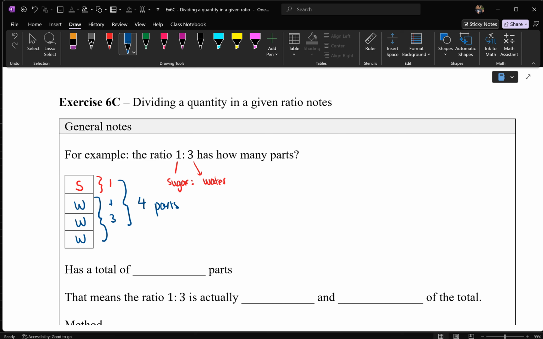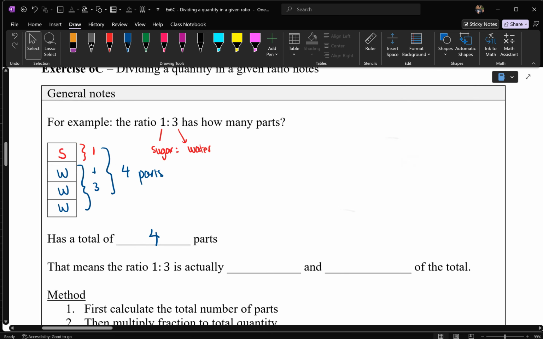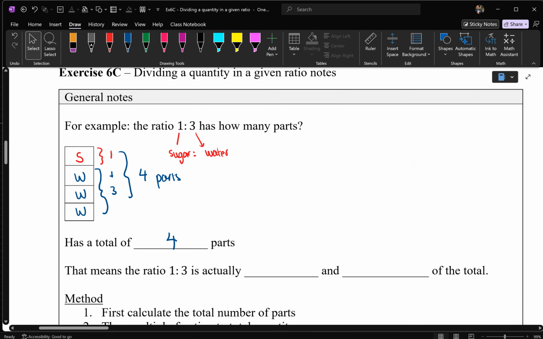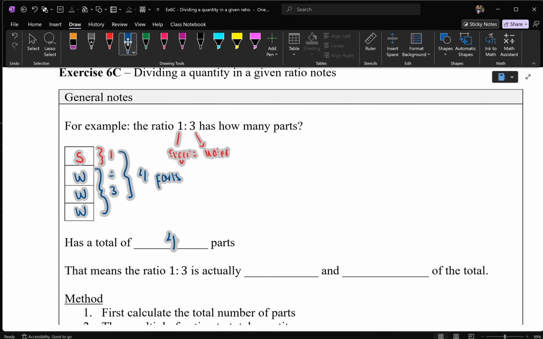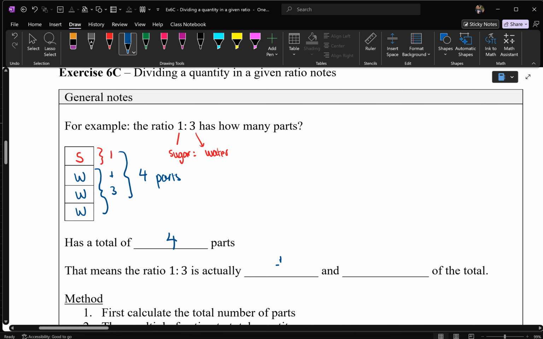So when they ask how many parts are there, we're simply adding them together. 1 plus the 3 gives me 4 parts. Now that means the ratio 1 to 3 is actually saying that out of 4 components, 1 out of 4 parts is sugar.